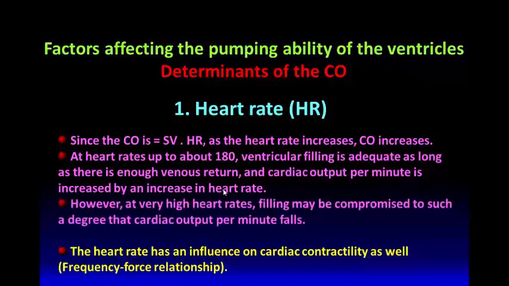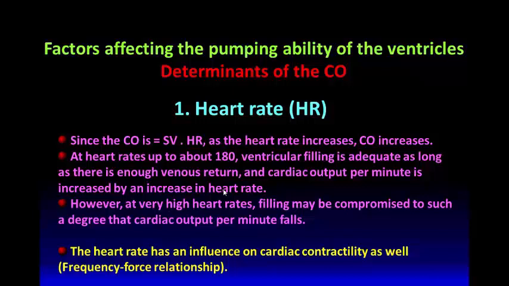However, at very high heart rates, diastole is very much shortened and filling of the left ventricle and the right ventricle may be compromised during this shortened diastole to such a degree that cardiac output per minute falls.